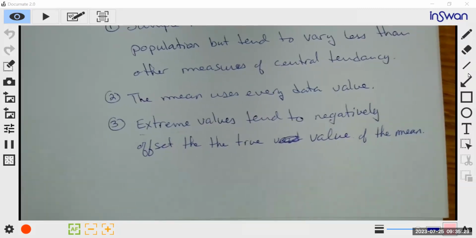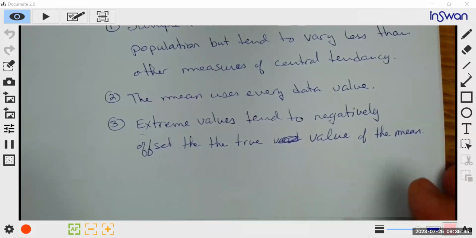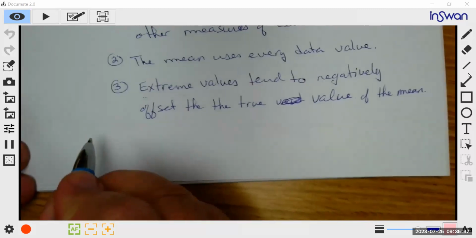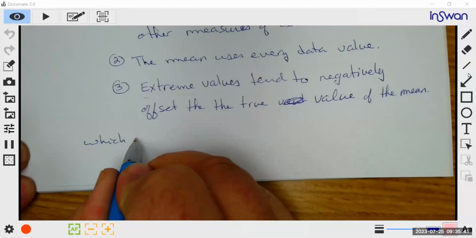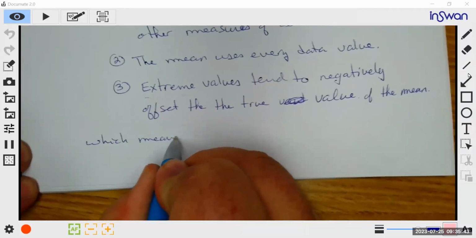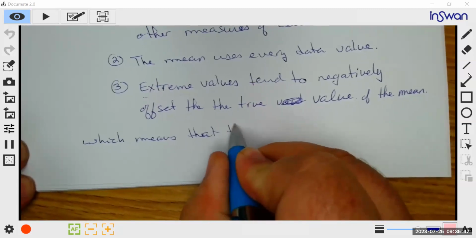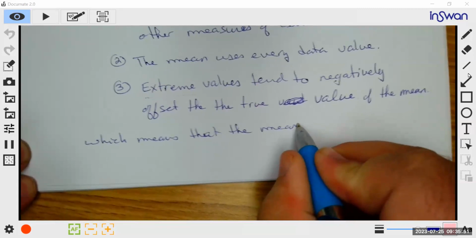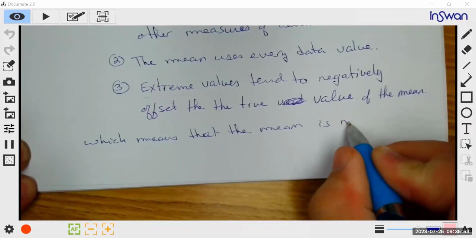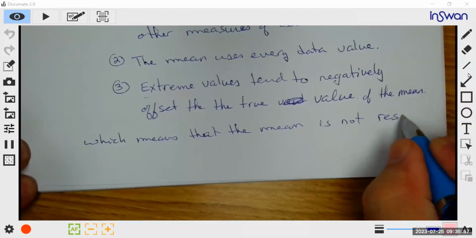Extreme values, if you have outliers, can negatively affect your calculations, which means that the mean is not resilient or resistant.